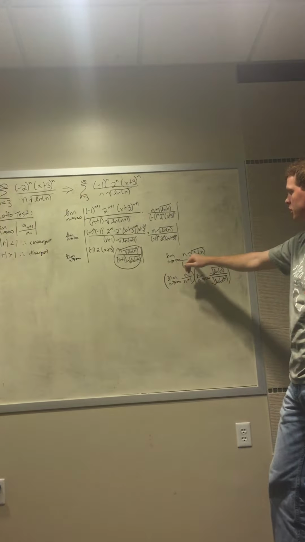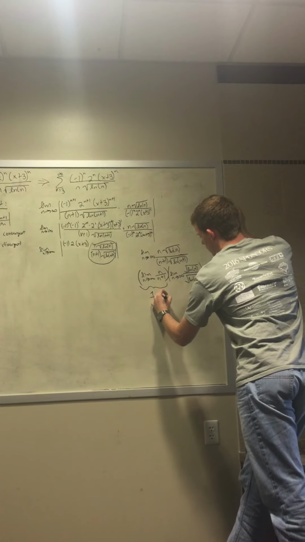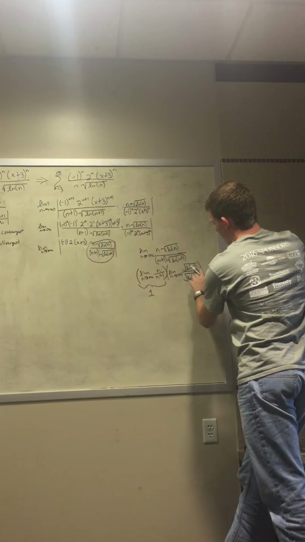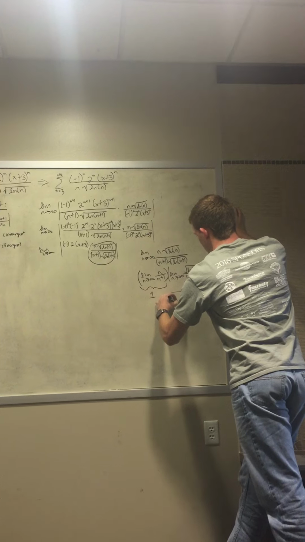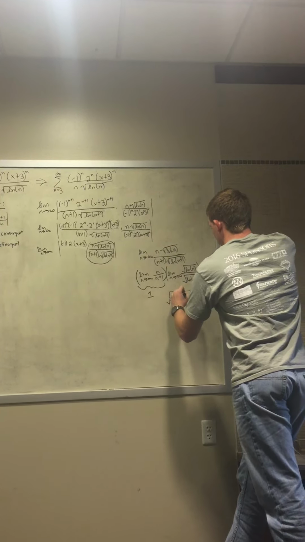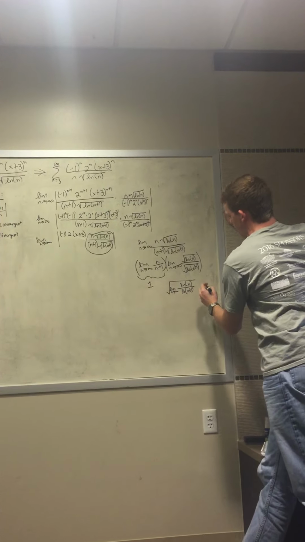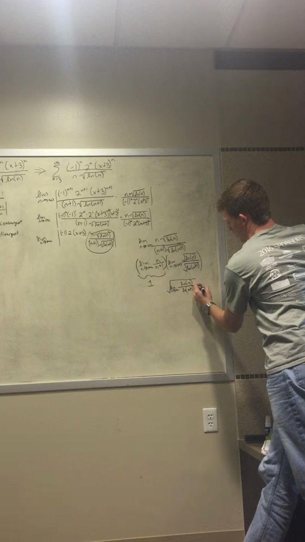So this will have a value of 1. But here we have to perform some manipulation. So we'll factor out the square root to the whole thing and bring the limit inside. So we have that. And then from here we'll perform L'Hopital's rule.